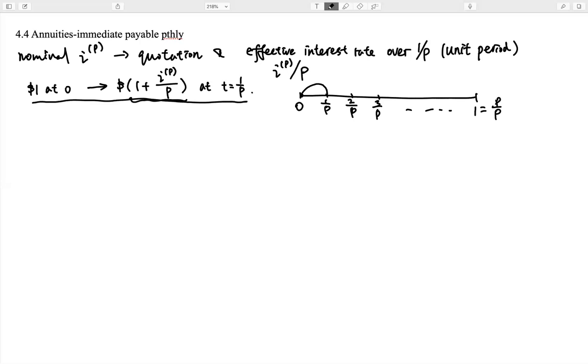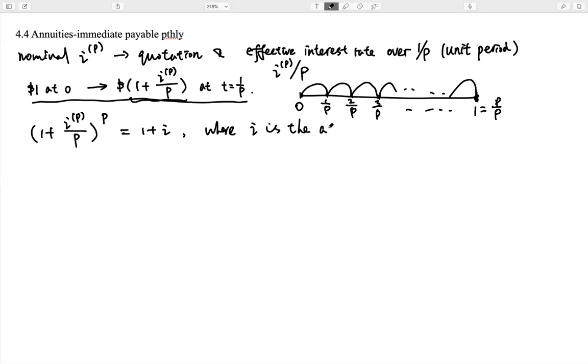Then I take it out, deposit again for another 1 over P period of time, then continue until the last one. So on the left-hand side, I raise the power to P because we are in the world of compounding. And this is supposed to be my final value at time 1.